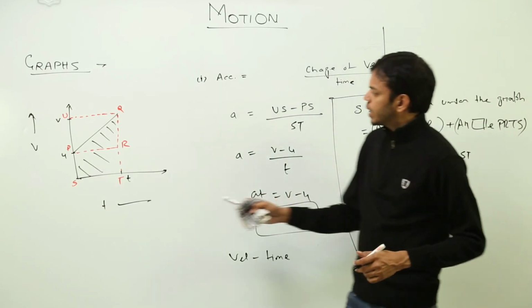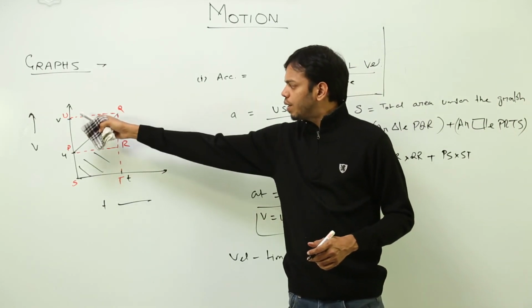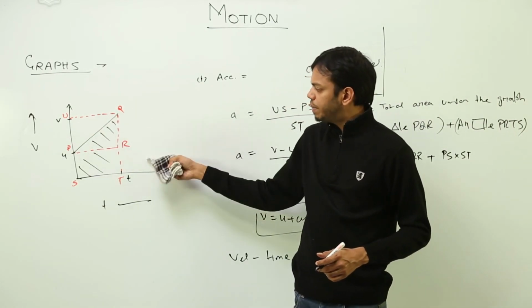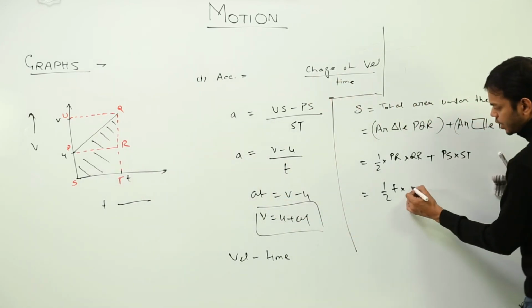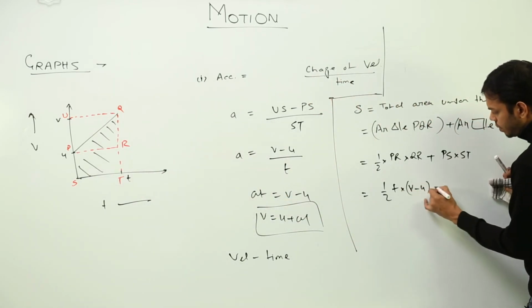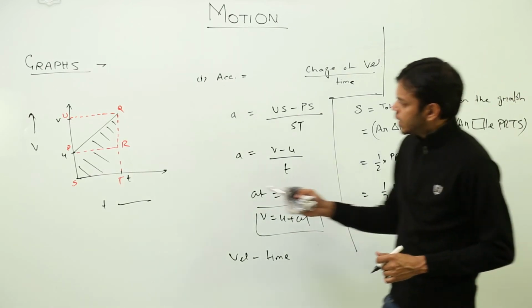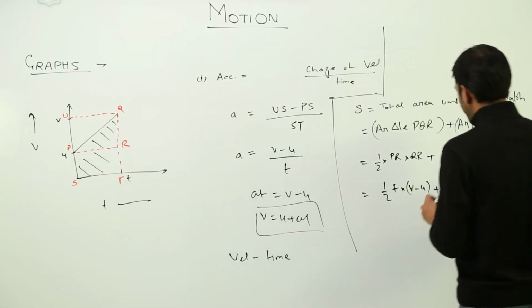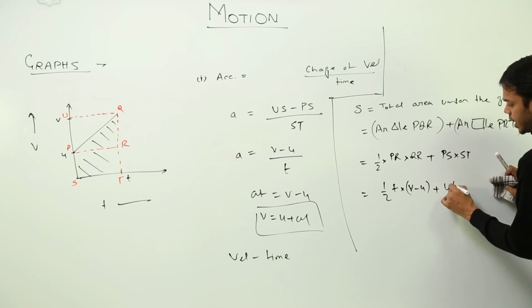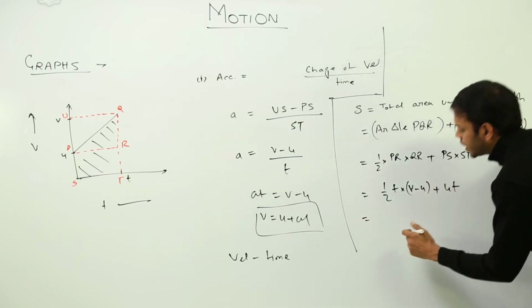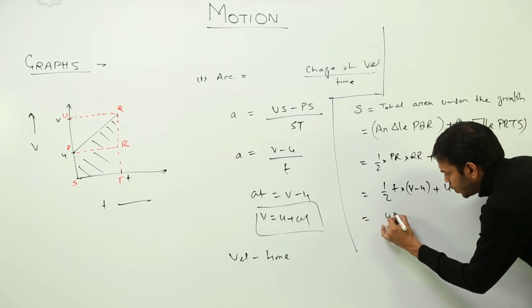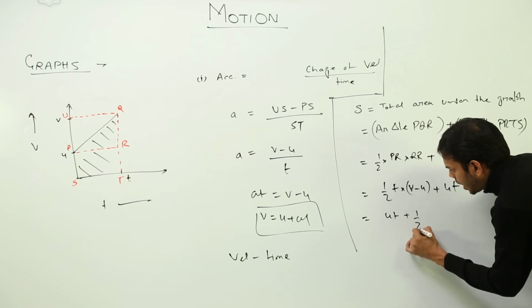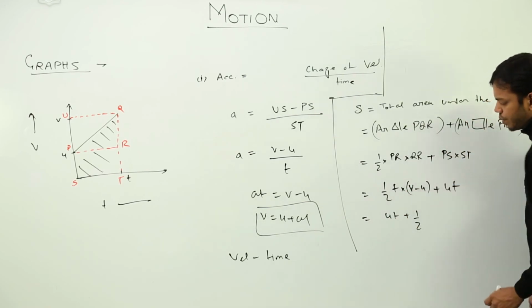QR. What is QR? From Q to R is this length, which is this complete minus this, which is V minus U. Plus what is PS? P to S is U, and S to T is T. So I am writing this term first, UT plus half T into V minus U, right?